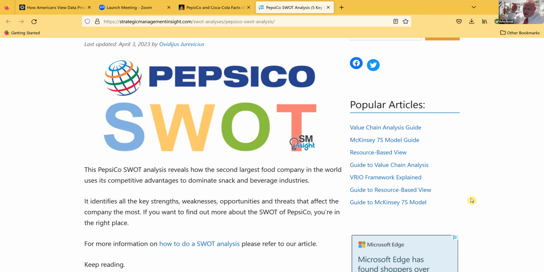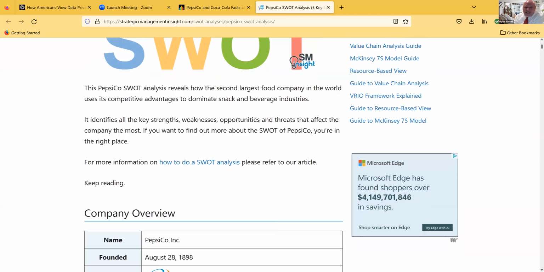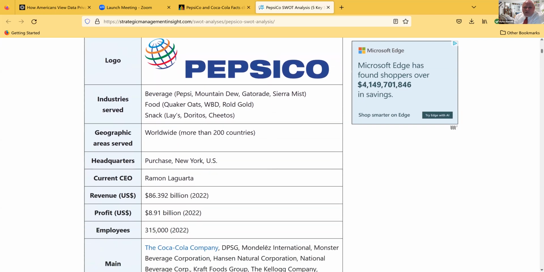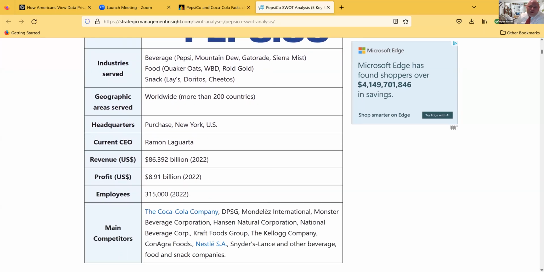It's also very important in business, because as soon as you quote any number or fact or statistic, the other executives in the room are going to say, how do you know that it's $86.3 billion? And you could say, my boy OJ from Strategic Management Insight says that. And they're going to be like, well, why would you believe OJ?